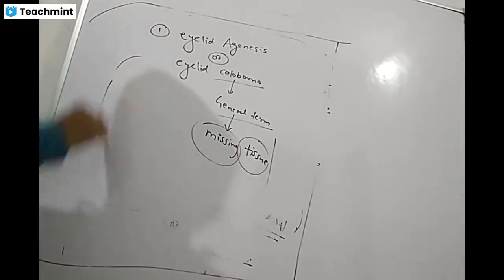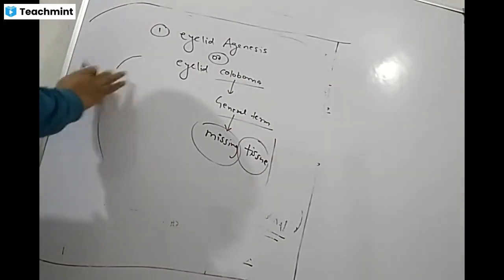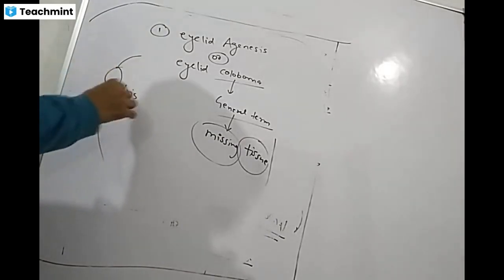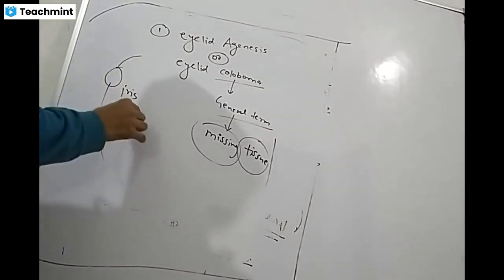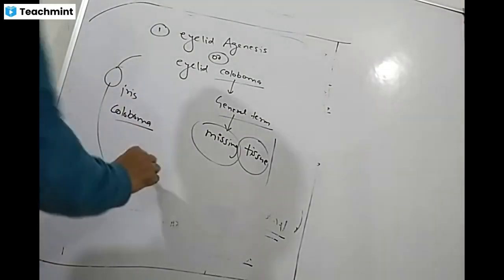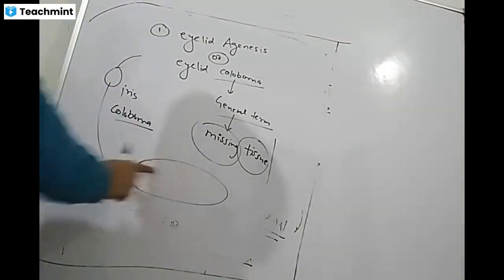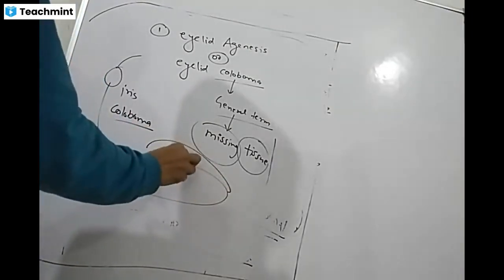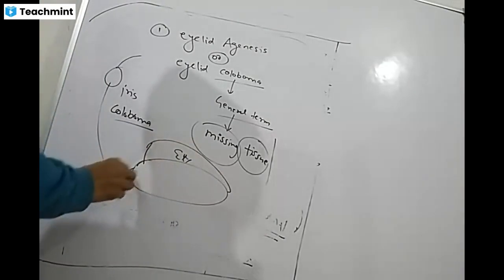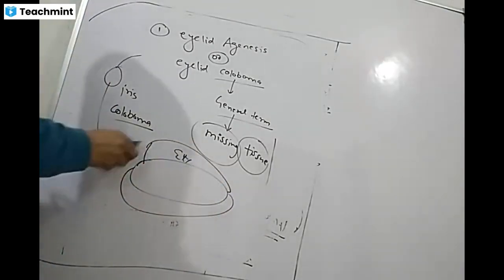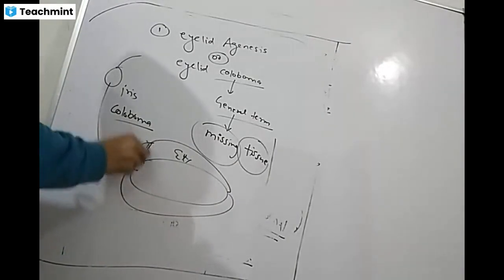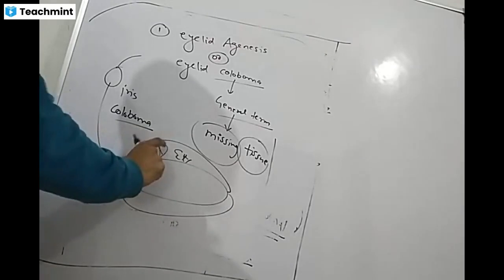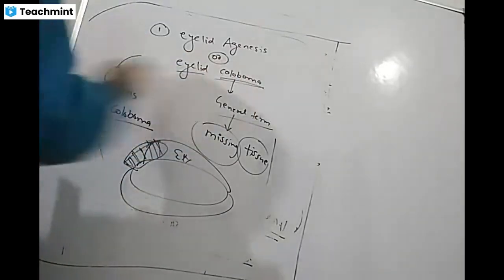Suppose this is the iris, and if tissue is absent here, then this is called iris coloboma. Similarly, if this is the eye and this is the eyelid like this, if the eyelid is absent at this part, tissue is absent, we call it eyelid coloboma.